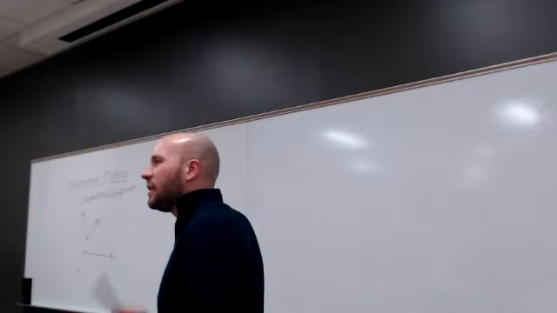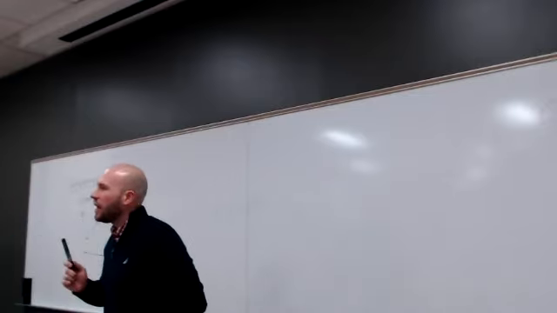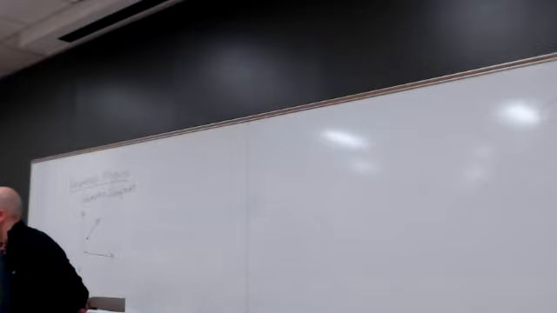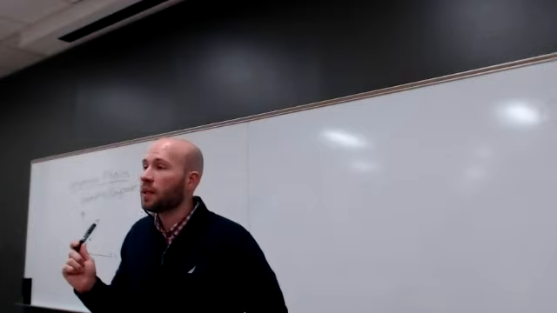A tensor is a linear function of vectors. Any linear function of some number of vectors. And yes, in Euclidean 3 space, it can be defined and described by its transformation properties. Just like a vector has certain transformation properties that it must obey, so must a tensor in Euclidean 3 space. But that's a special case.